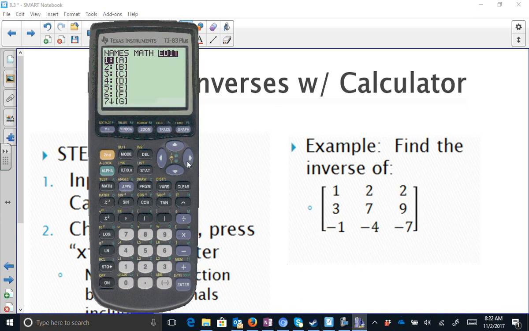You probably already have something in matrix A. Just change it to be the 3 by 3 matrix that you see up on the board. Okay, everyone have the right numbers in?